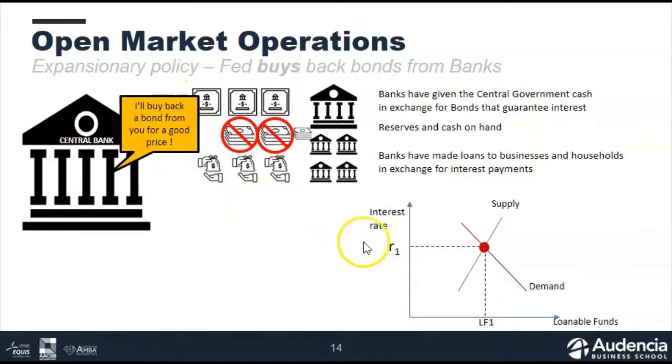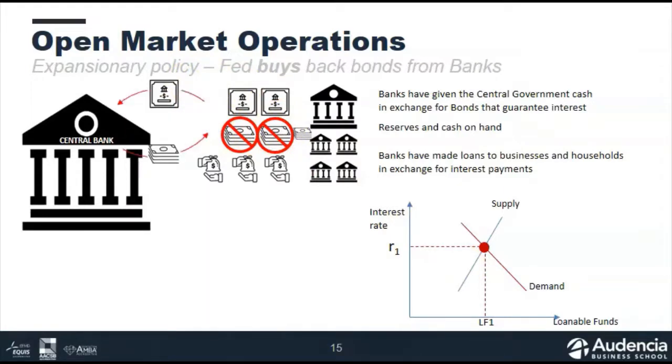And so because banks want to make profit, they're going to say, okay, I'm going to sell you back one of my bonds. So they give back the piece of paper. And in exchange, the central bank gives them their money back, plus probably a nice sum of interest to boot. So they're buying back the bond, and this money then arrives in the bank.